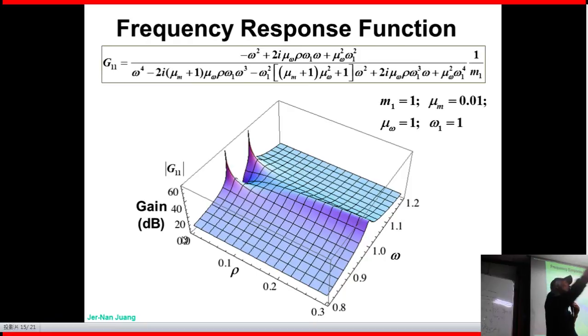It cannot be too small; too small is no good either. So my optimum design, my best design for this system, rho will be about 5%. Agree? Understand this plot now? Any questions?